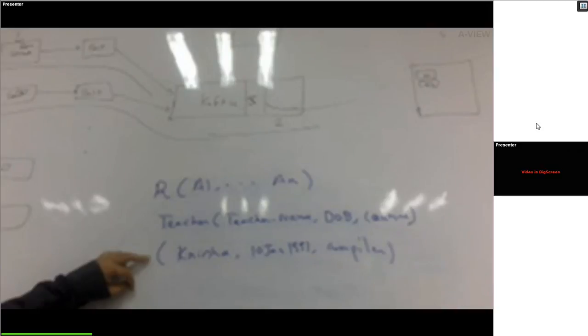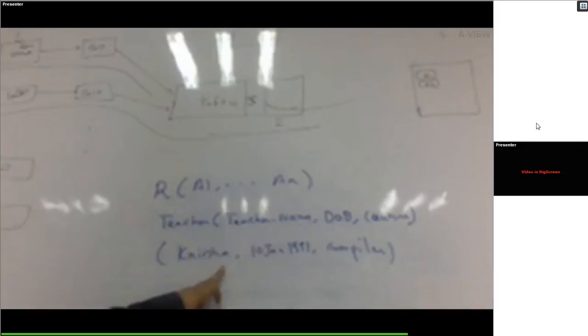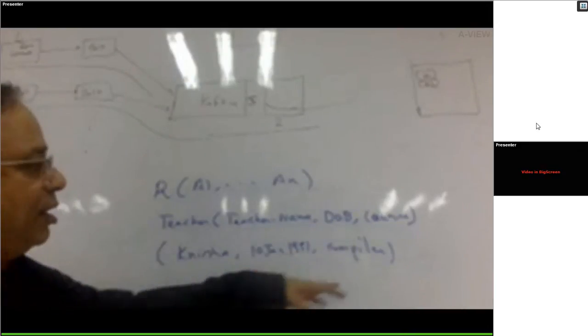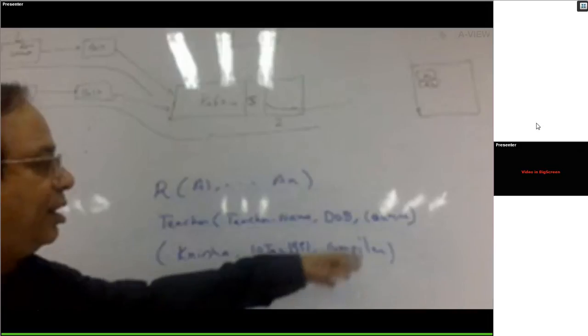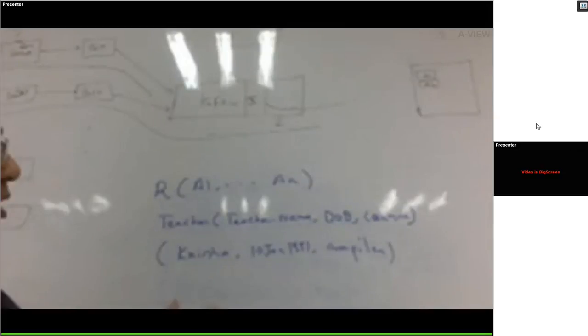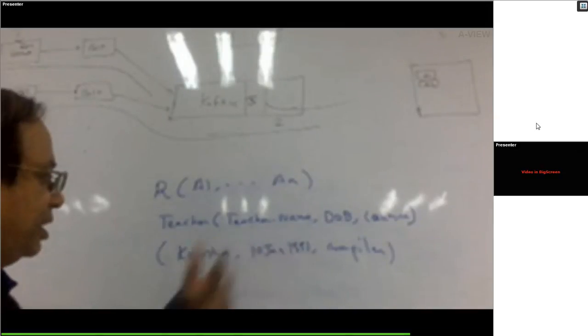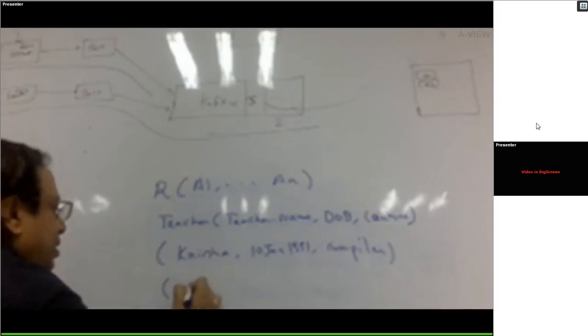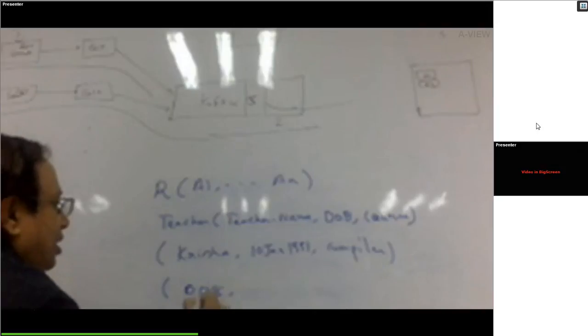The teacher name now takes a character string. The date of birth takes an alphanumeric string. Course can be just a character string, but it could also be an alphanumeric string if you put some value like CSDD. Once you define the domain, you can't give the teacher, for example, 008 here.